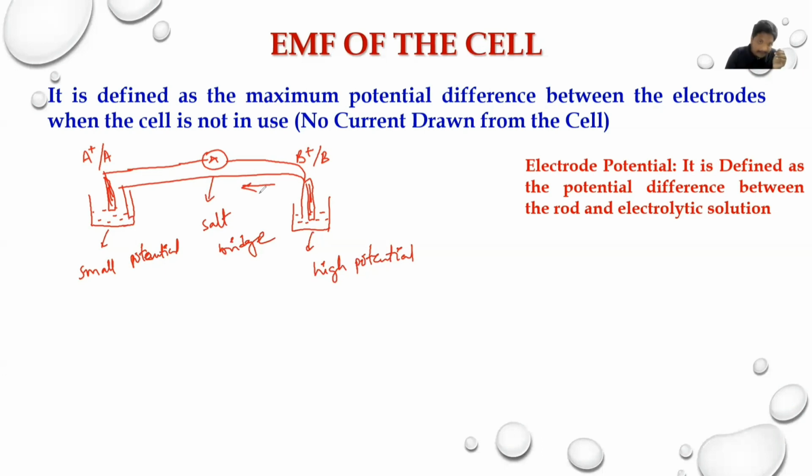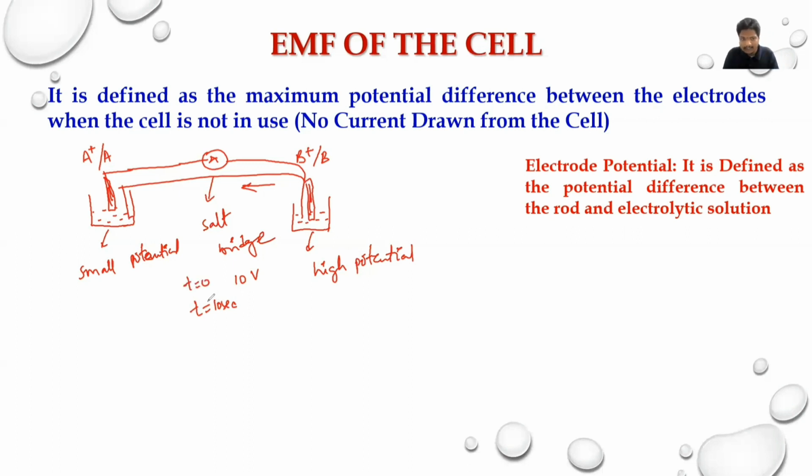Initially, before placing the salt bridge, suppose the cell has a potential of 10 volts. After connecting the salt bridge, that means after t is equal to 10 seconds. At t is equal to 0, we have 10 volts.